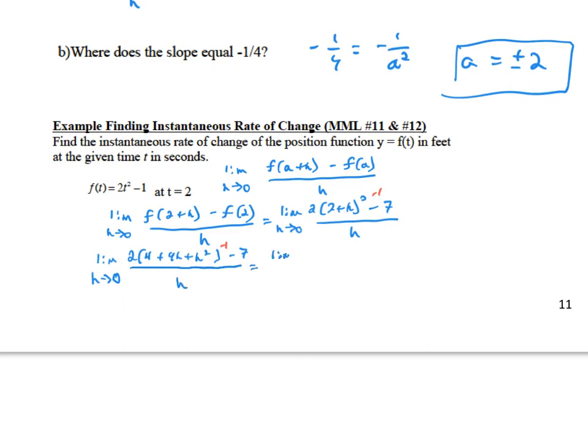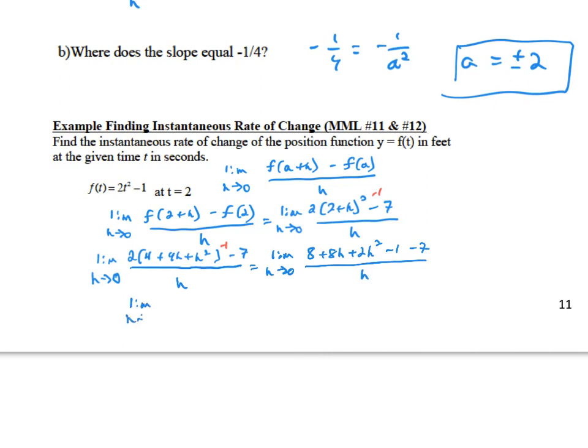Okay? We are almost through this. I promise. I swear. So 8 plus 8h plus 2h squared minus 1 minus 7 all over h.